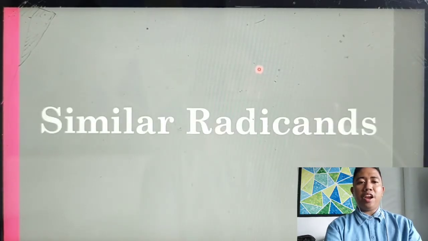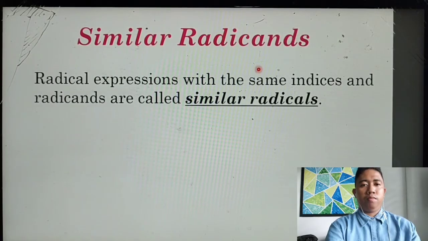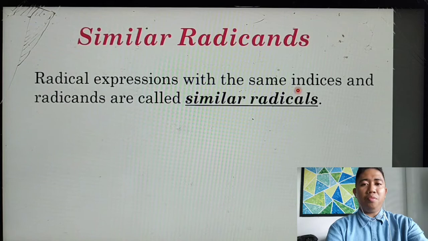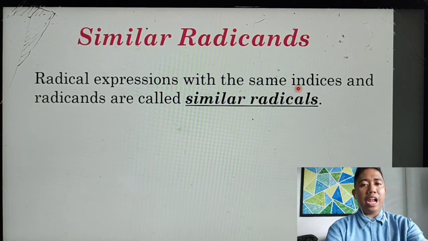What are similar radicals? Radical expressions with the same indices and radicands are called similar radicals. Meaning to say, if radical expressions in every term have the same indices, where indices refers to the nth order or the principal root, like the square root, the cube root, the fourth root, fifth root, sixth root, up to the 10th root, and so on until higher order principal roots.